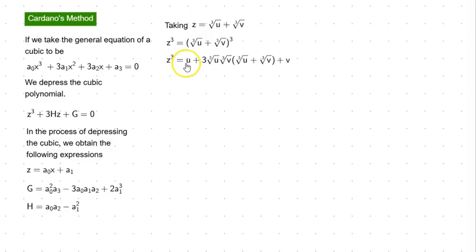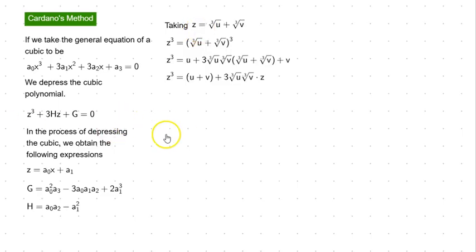Expanding it, we get z³ = u + v + 3∛u∛v(∛u + ∛v). This is nothing but the binomial expansion of a cube. Now, z³ = u + v + 3∛u∛v z. Where did this z come from? Because ∛u + ∛v is z.